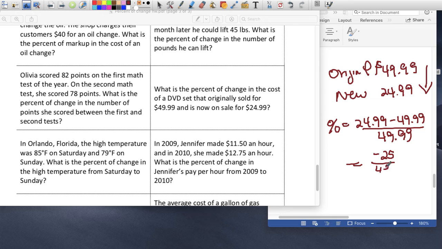We're going to divide that by 49.99. That's going to give us negative 0.5001. So if we change this to a decimal, we're going to move this 1, 2 to the right, and that's going to give us 50.0%. So that was a big drop, and this is negative. So remember, if it's negative, it means that the price dropped.